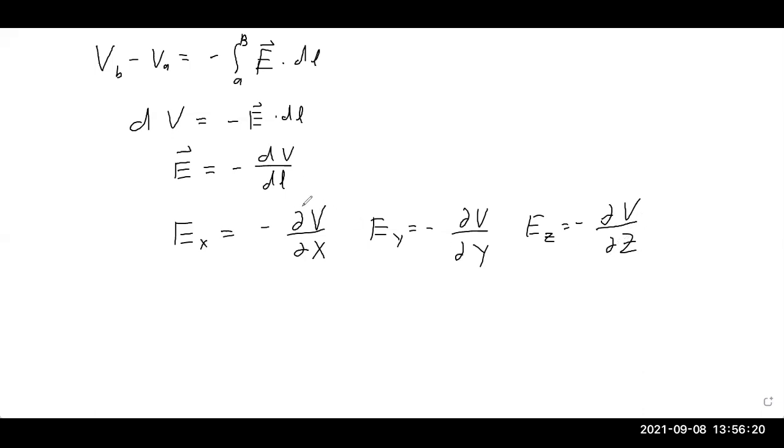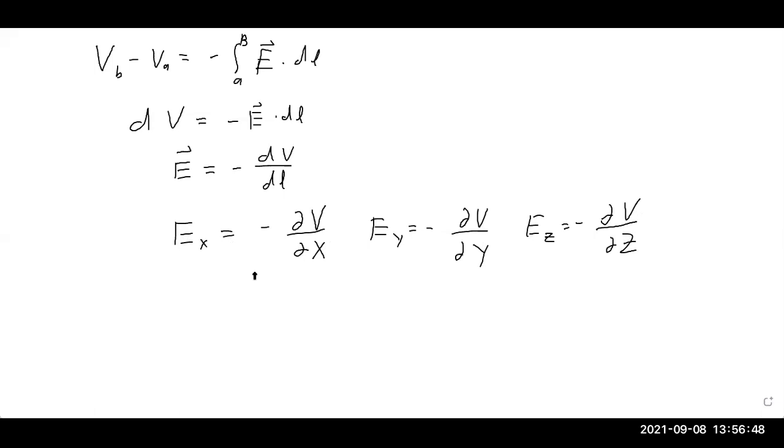Where my curly symbol I wrote here is my partial derivative symbol. Just how the electrical potential changes with changes in x coordinate gives you the x electric field. So in other words, if moving in the x direction causes you to end up at a higher potential, that means there is an x component to the electric field.